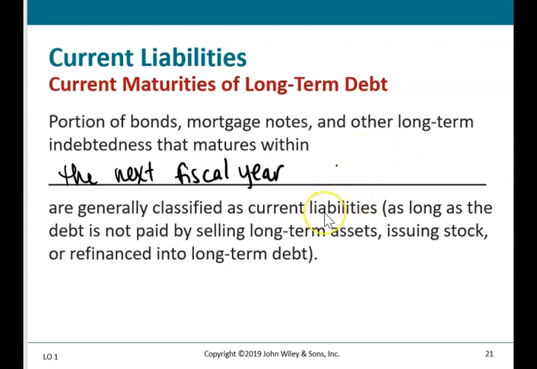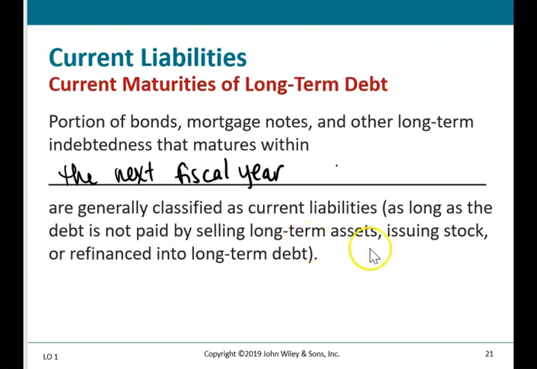Now, that's as long as you're using cash to make the payments in the next fiscal year. If the company is planning to, let's say, sell off some buildings or equipment in order to meet its mortgage payments, it's not requiring the use of cash within the next year, so that would continue to be reported as a long-term liability.